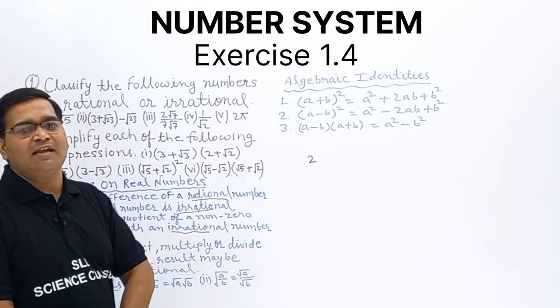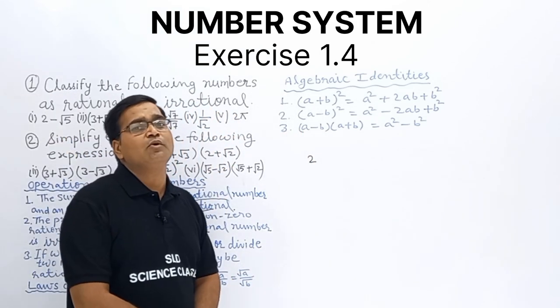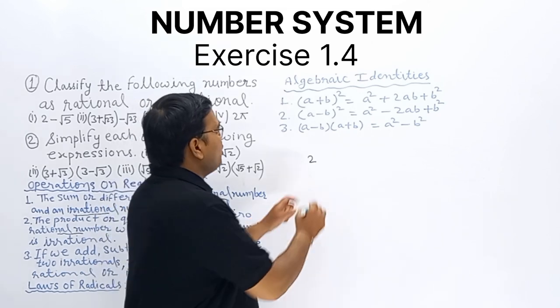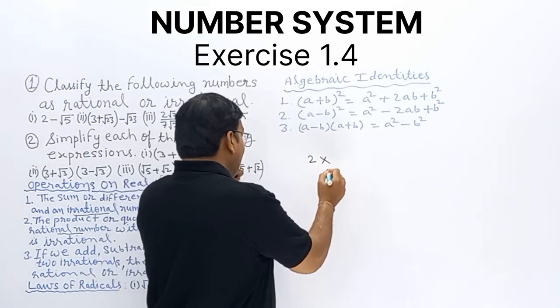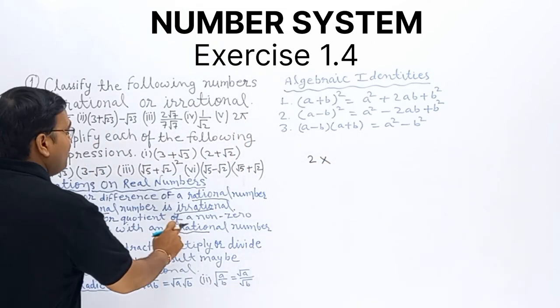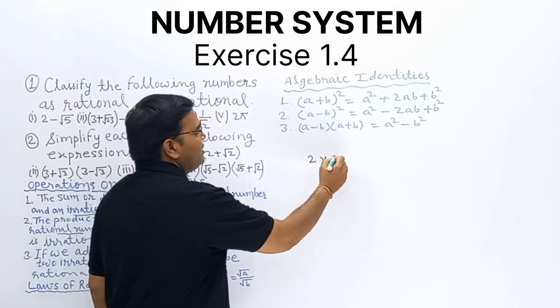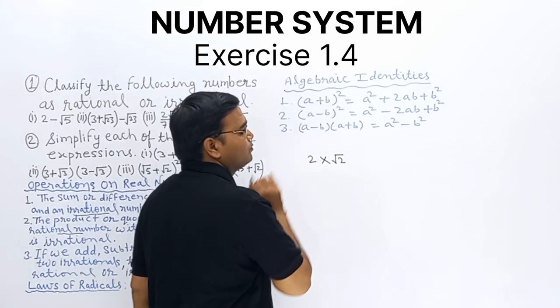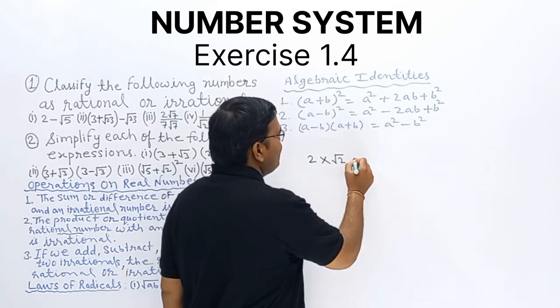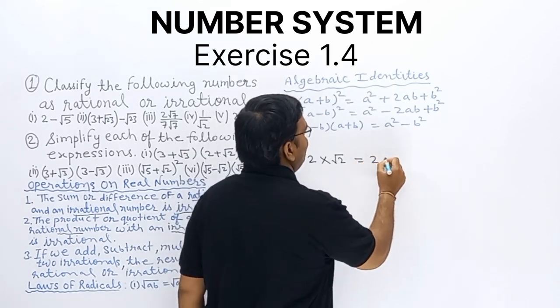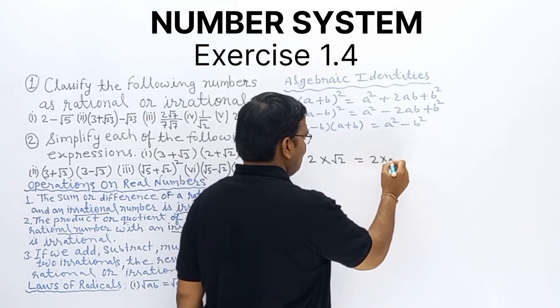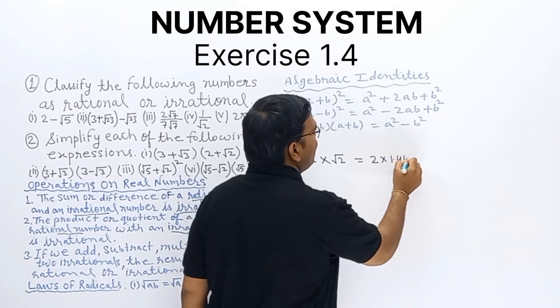Yes, 2 is an integer and it is a rational number and it is non-zero. And the product with an irrational, root 2. Root 2 is irrational. Result will be 2 into root 2, 1.414.